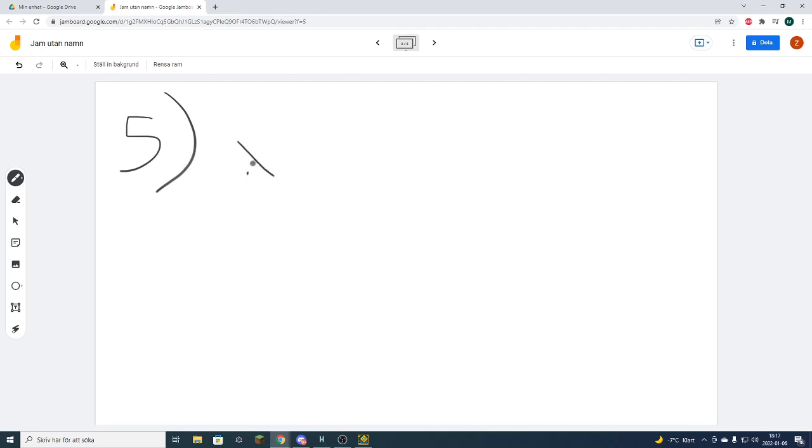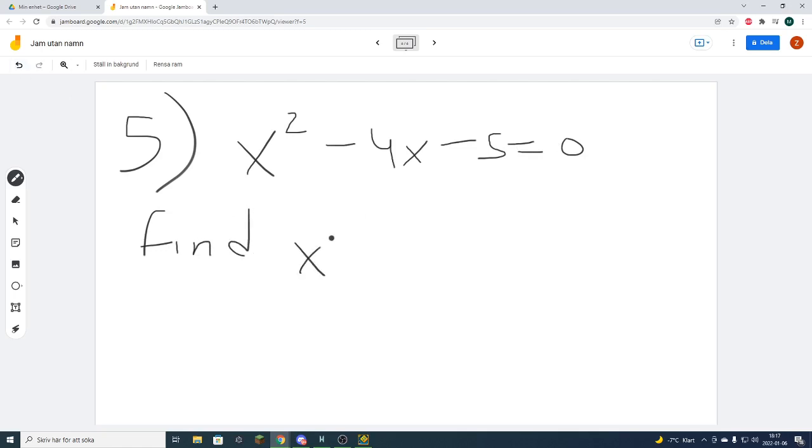Then we have to solve a quadratic. X squared minus 4x minus 5 is equal to 0. Find, not m, find x. So, now we're going to have to use a quadratic formula. And in my country, we learned this quadratic formula.